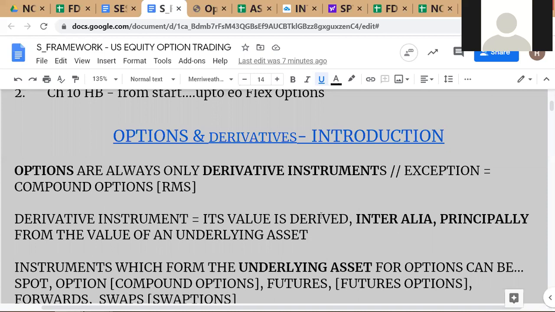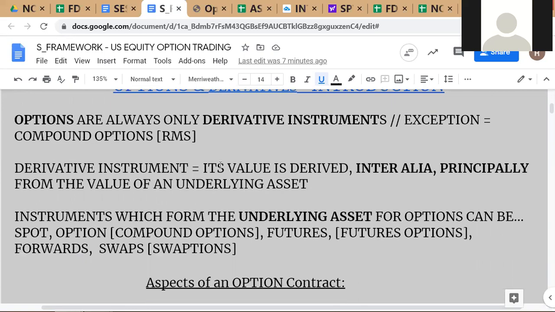So options are derivative instruments, and the definition of a derivative is something whose value is derived principally from the value of an underlying asset. And there are other factors also. Okay, let me put that here also.